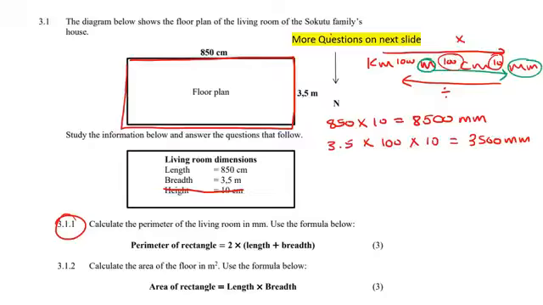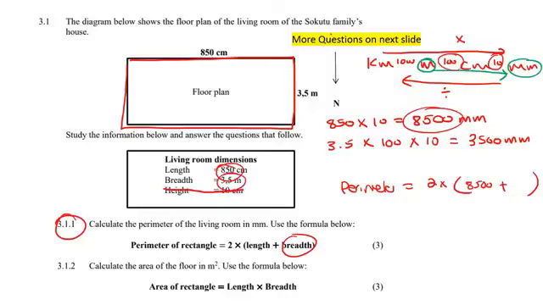So perimeter is going to be equal to 2 times the length, which is now 8,500, plus the breadth, which is now 3,500. So that's 2 multiplied by 12,000, and that's going to give us 24,000 millimeters.